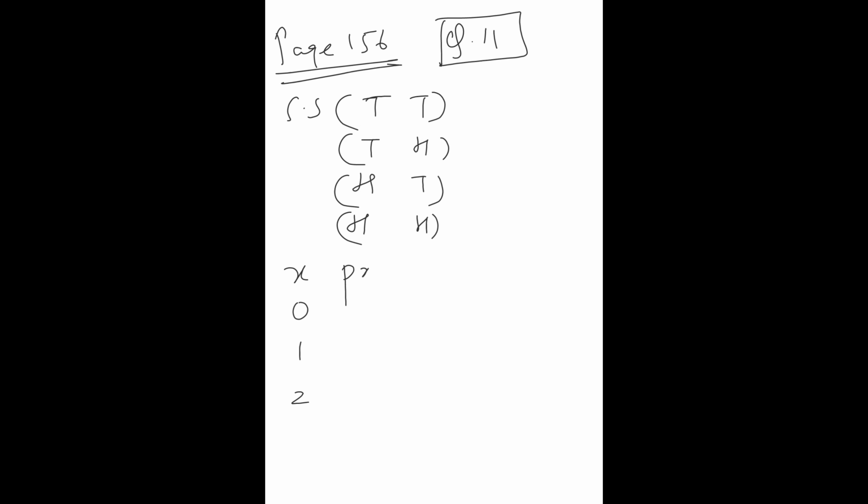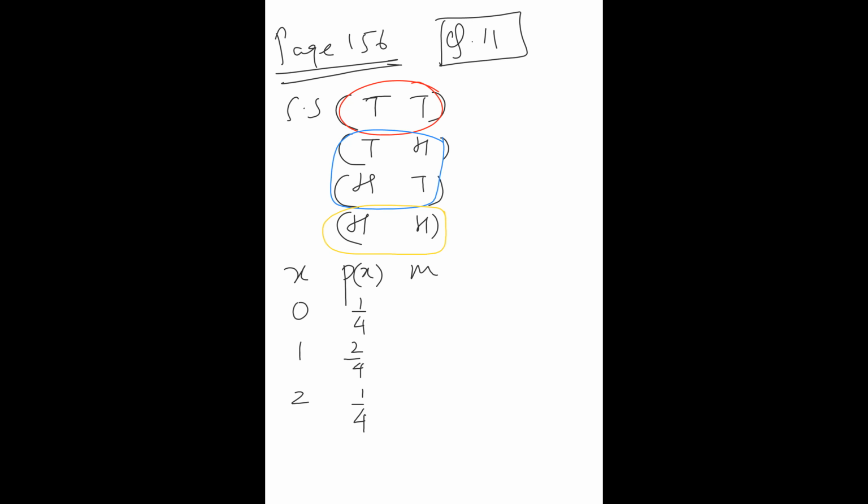P of x: when it is 0 heads, it will be only one event out of 4. One head, it will be two events out of 4. And both heads, it is again one event out of 4. Right?